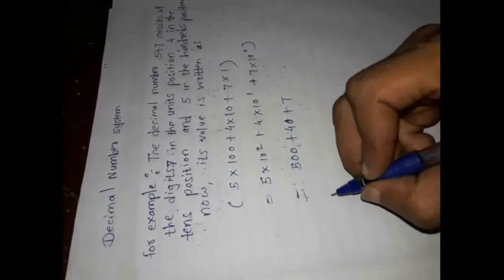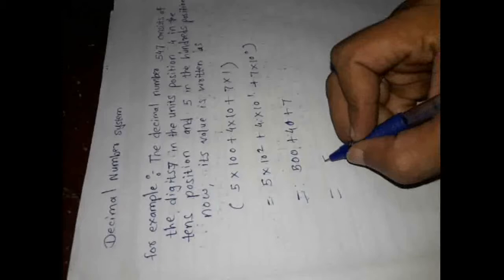Now do the calculation: 500 plus 40 plus 7 means 547. This is the answer.